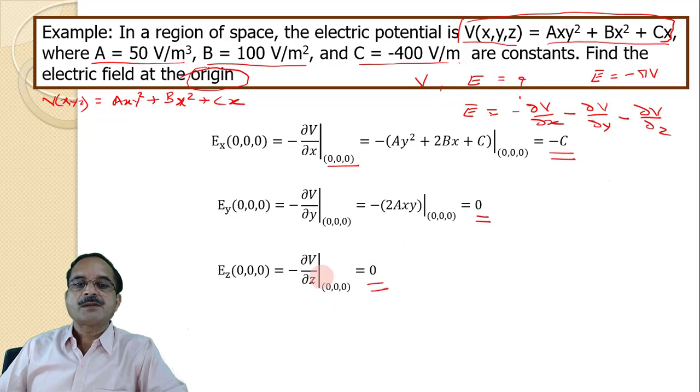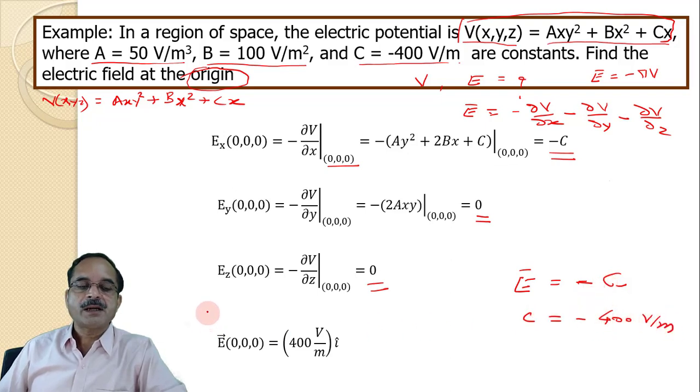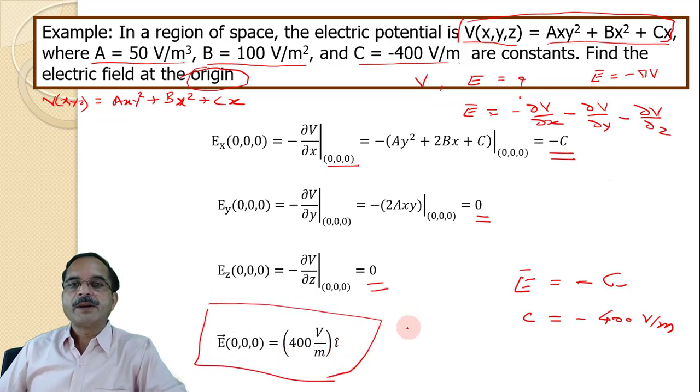Adding these three components, Ex plus Ey plus Ez, this gives me E equal to minus c. Now the value of c is given, minus 400 volts per meter. So substituting this, this negative sign and this negative sign cancel, and finally the electric field is 400 volt per meter.